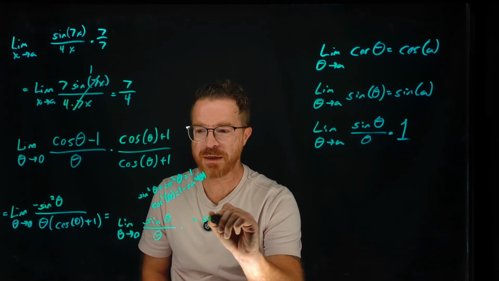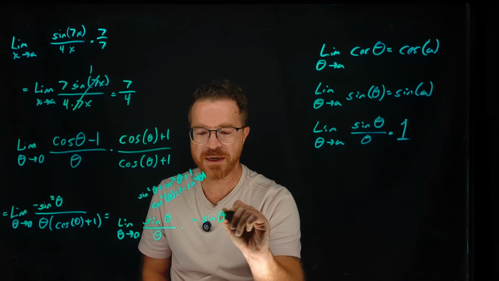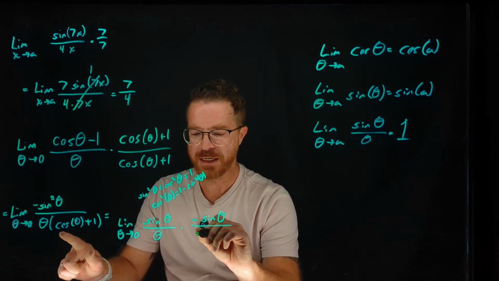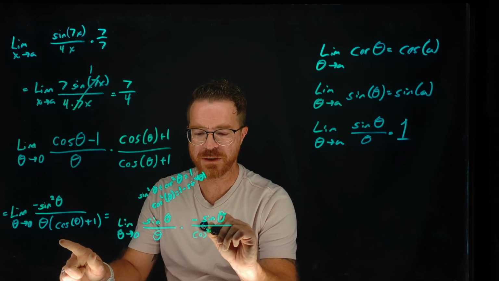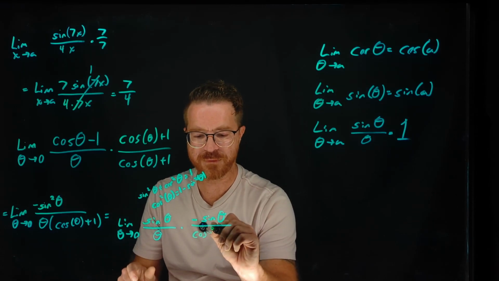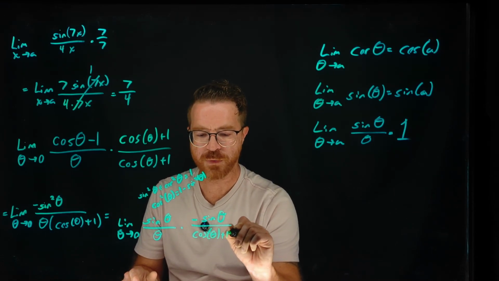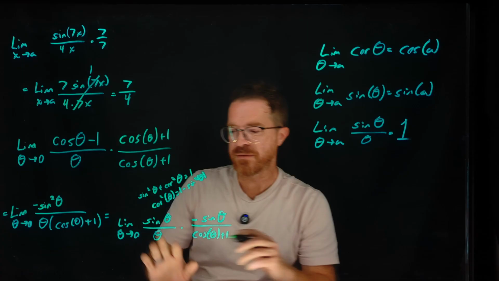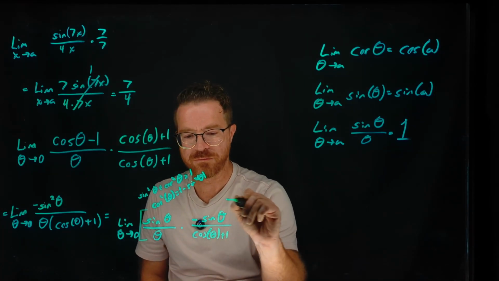This one's going to be negative sine theta divided by cosine theta plus 1.